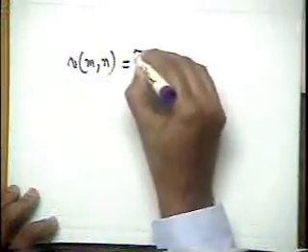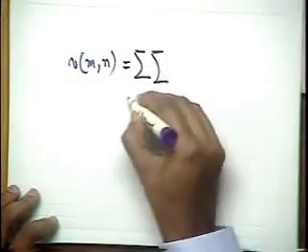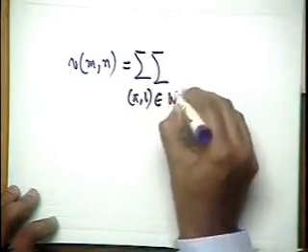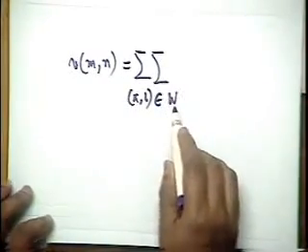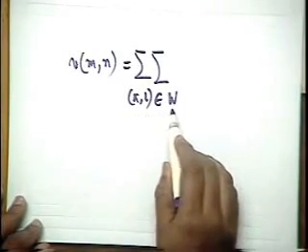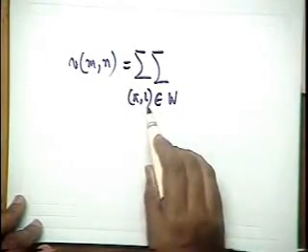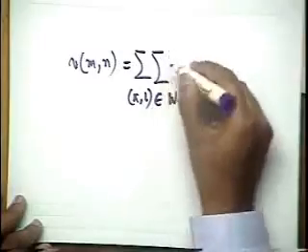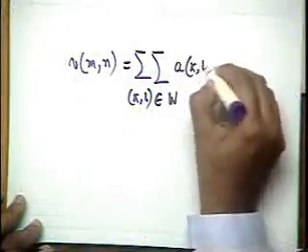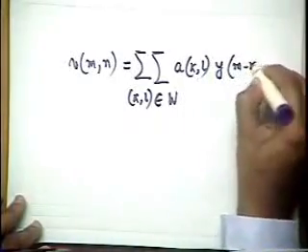I define it as a double summation over a region W, a neighborhood region, and for this particular region, my index of operation is k, l, and see how I define the function a(k,l) y(m minus k, n minus l).